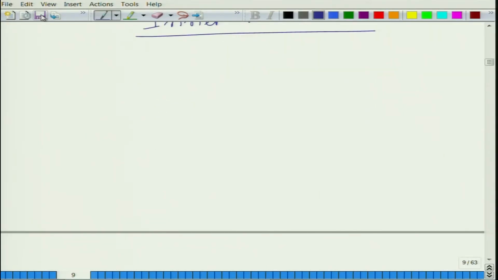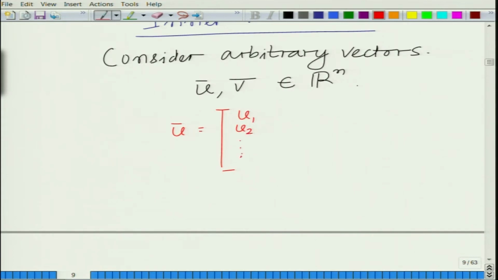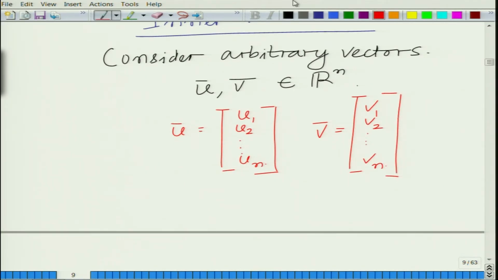Right. So, consider arbitrary vectors u bar, v bar that belong to the n dimensional space of real vectors, that is you have u bar equals u1, u2, up to un and v bar equals v1, v2, up to vn.